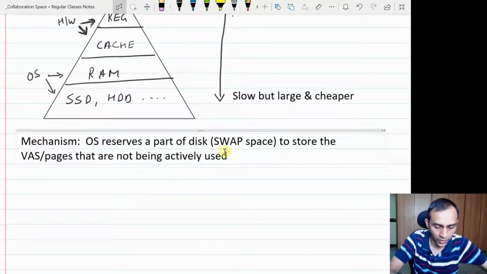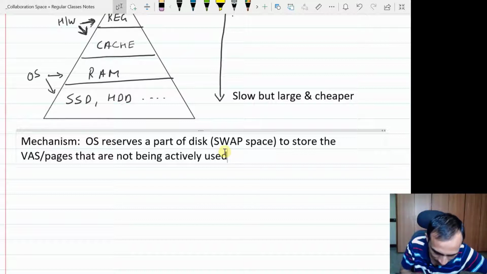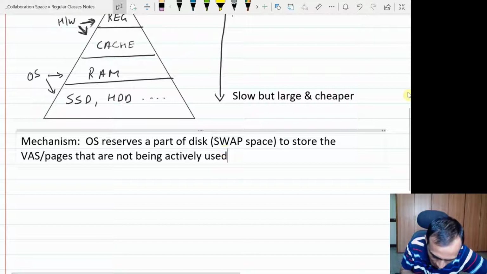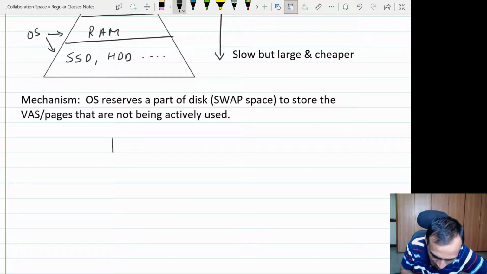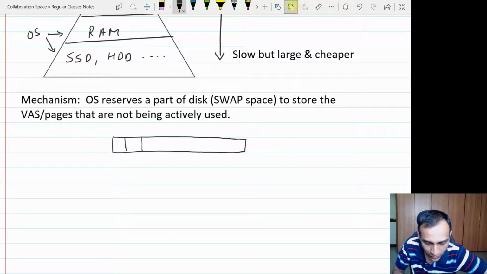So how it looks basically. I'm just going to draw a rudimentary diagram here. Let us say this is your swap space on your disk, which is part of the disk. Generally this also is divided into some fixed size units, generally called blocks, just like we have pages in our virtual memory and frames in our physical memory.